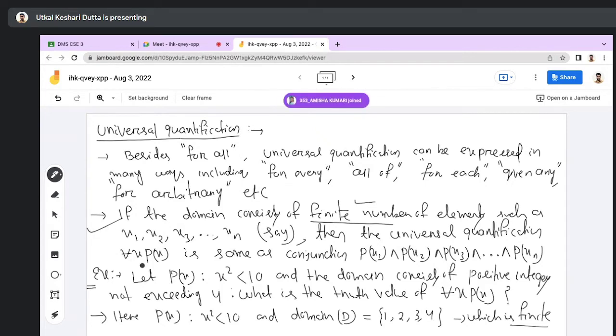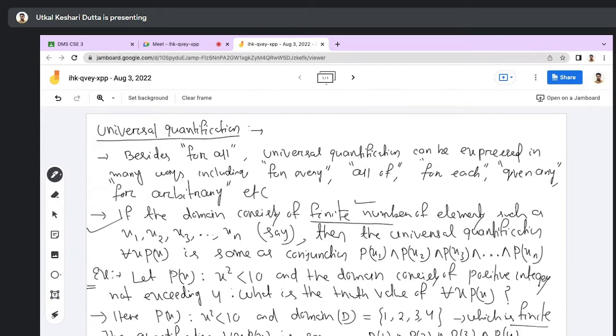So when the domain contains a finite number of elements, we can write the universal quantification for all x, P of x as equivalent to the conjunction P of 1, P of 2, P of 3, P of 4.